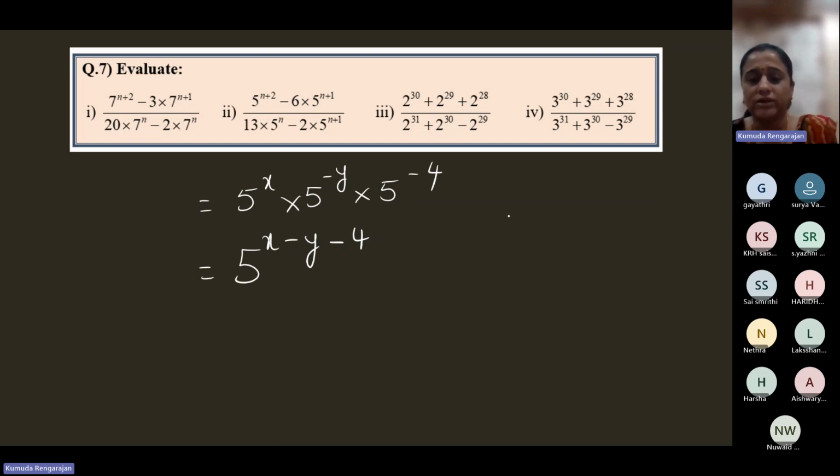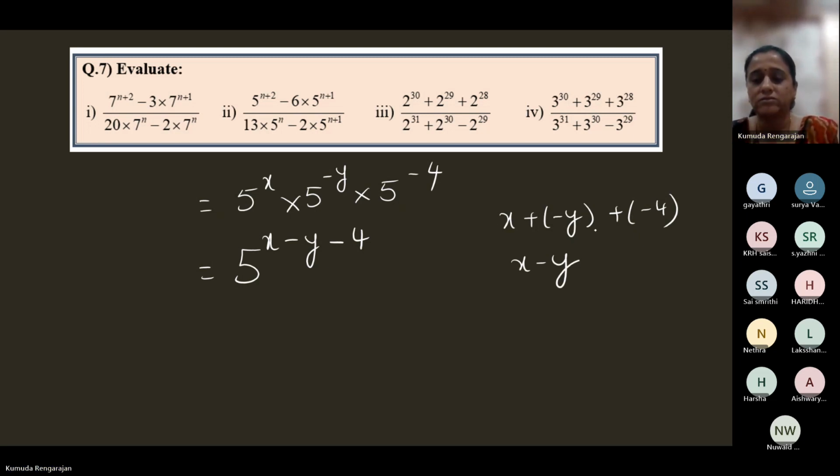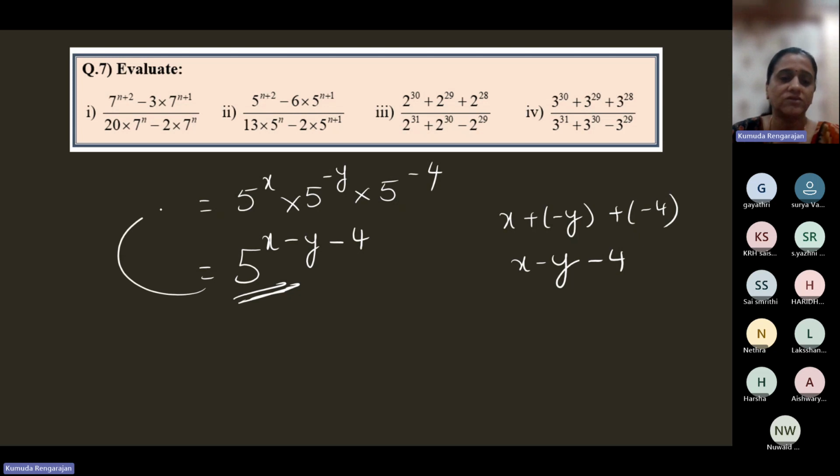So when you add the powers, you'll get x plus minus y plus minus 4. So x plus minus y is x minus y, and plus of minus 4 is minus 4. The earlier step for this expression is this.